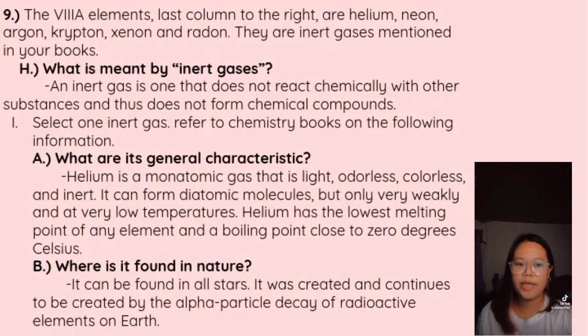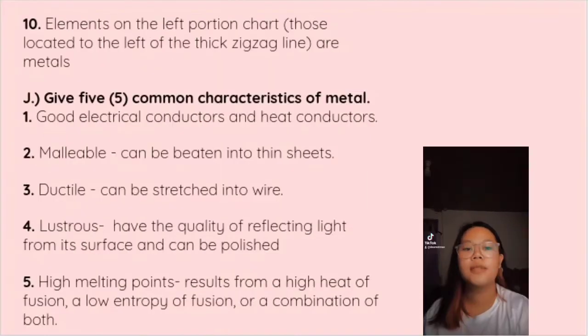Helium has the lowest melting point of any element and a boiling point close to 0 degrees Celsius. Next, letter B. Where is it found in nature? It can be found in all stars. It was created and continues to be created by the alpha particle decay of radioactive elements on Earth.